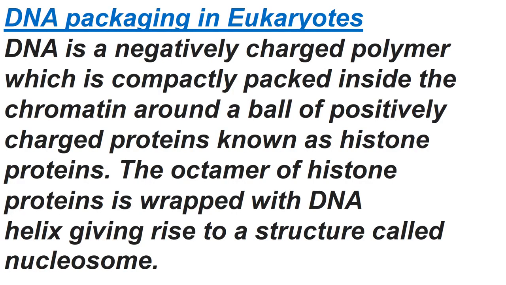Now in case of eukaryotes, DNA is a negatively charged polymer which is compactly packed inside the chromatin around a ball of positively charged proteins, and these positively charged proteins in eukaryotes are called histone proteins. The octamer of histone protein is wrapped with the DNA helix. It is an octamer because the histone is made up of 8 subunits.